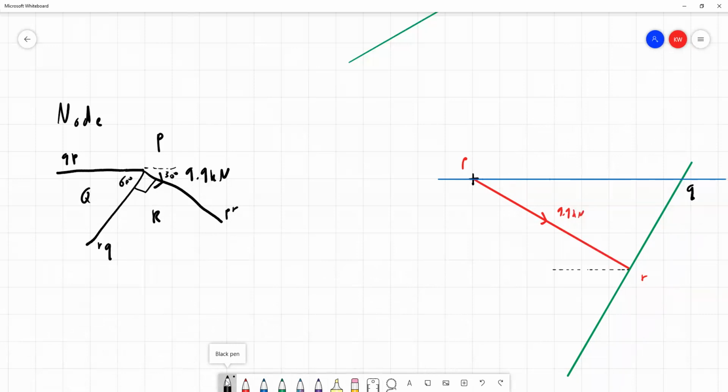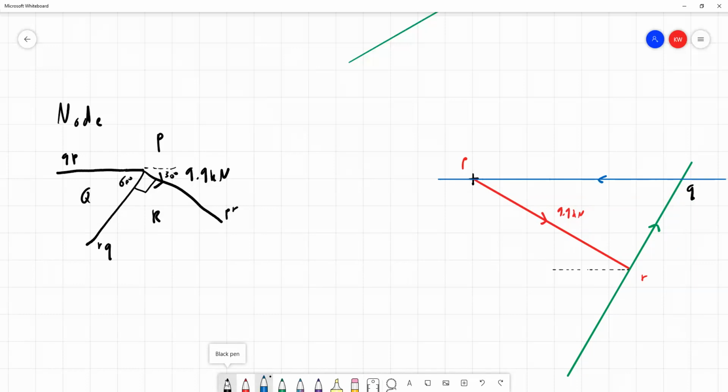And again, following round the arrows, if we follow the red arrow down to the green line, the green arrow must point up to the blue line, and the blue line must point back towards the red line.